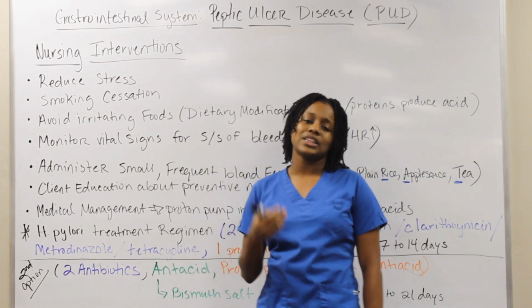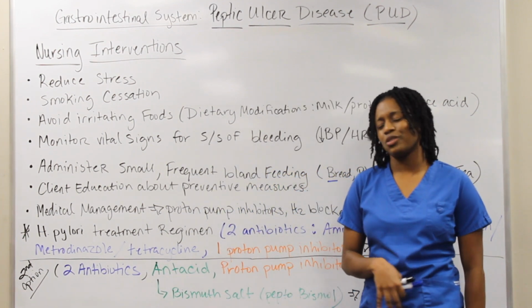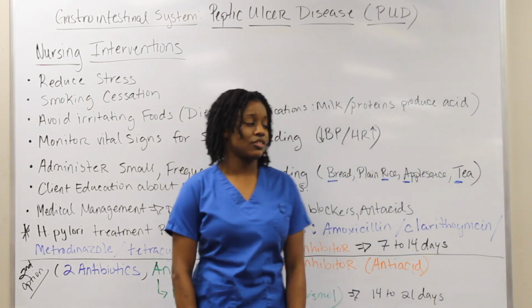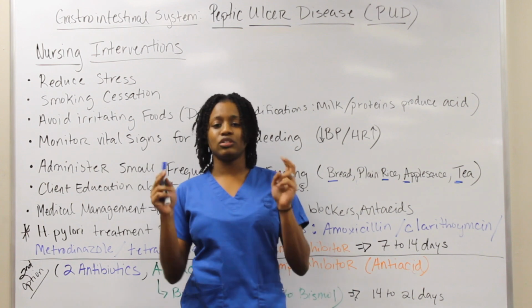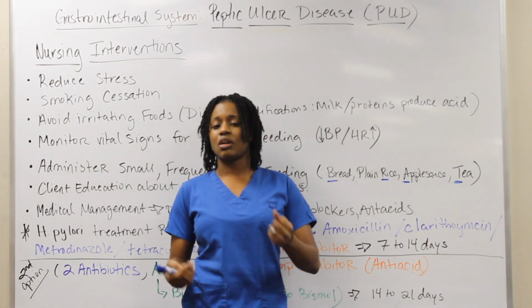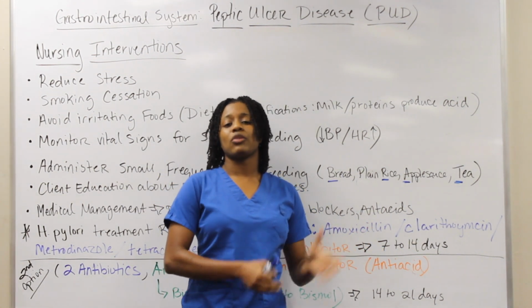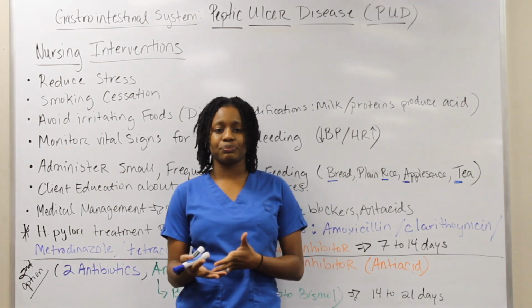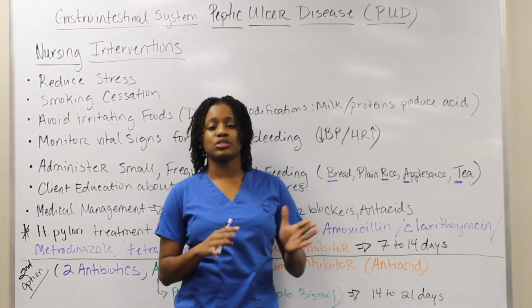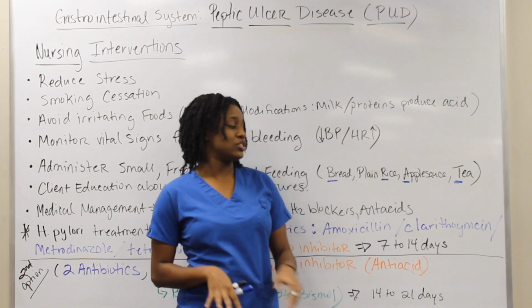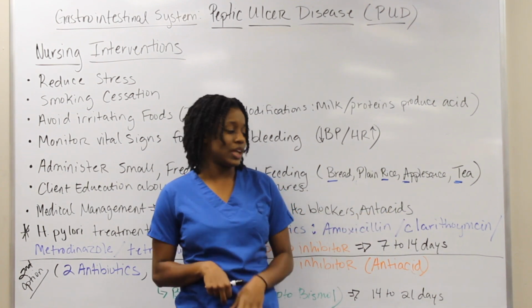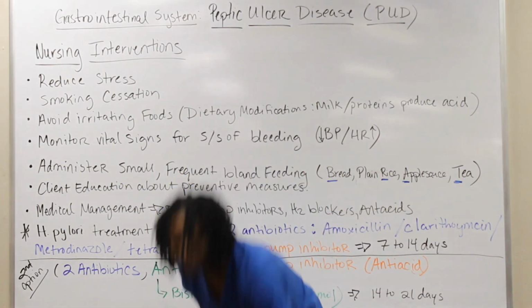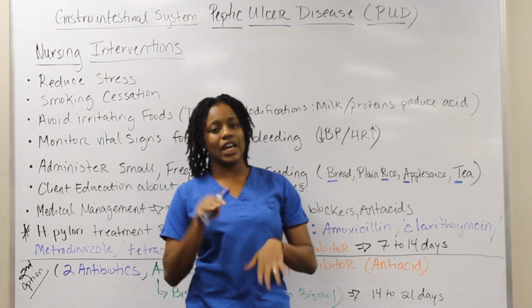They are your anti-acids, okay? They are different from antacids. Antacids are usually your neutralizers. They are more alkaline, so that when they go into the GI tract, they are able to balance out the pH. So antacids balance out the pH level.